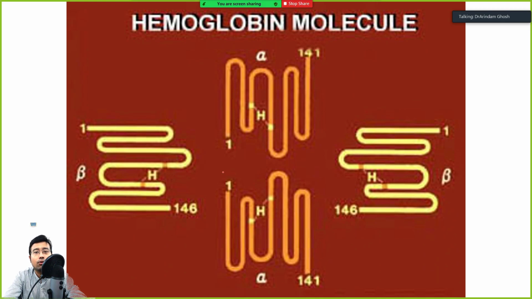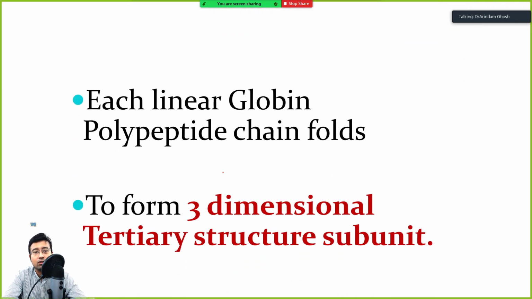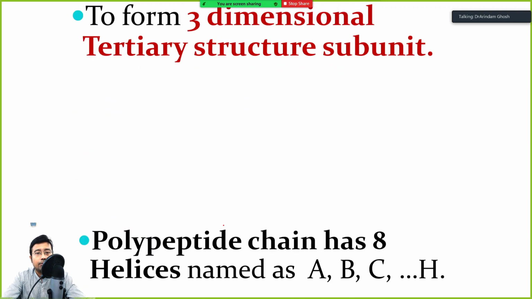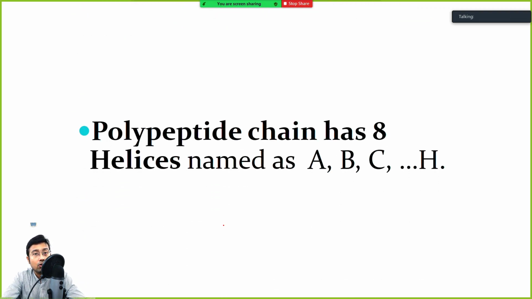This is how the 4 globin chains look. We have seen multiple 3D diagrams, so we are moving on, right? I've told you each linear globin polypeptide chain folds to form a 3-dimensional tertiary structure subunit. The secondary structures are helices. Ultimately, the tertiary structure is a globular, spheroidal structure, but the secondary structures are helices, and helix means there are turns.